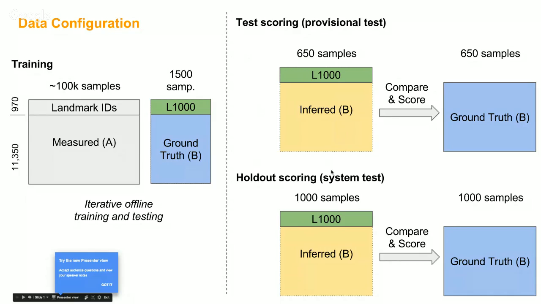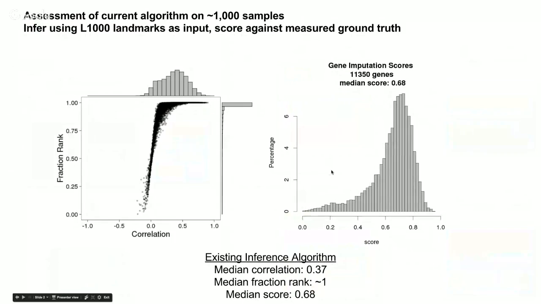And to talk a bit about how the scoring is done, one approach we've taken is that for a particular gene, if we want to assess how well we're inferring that gene, we can take its expression profile across an array of different samples. In this case, we've used about 1,000 of these samples where we've got both L1000 and non-L1000 ground truth data.